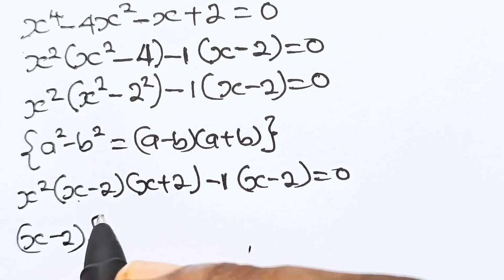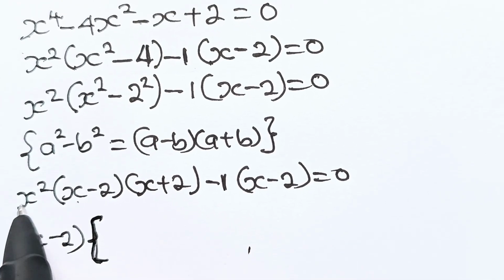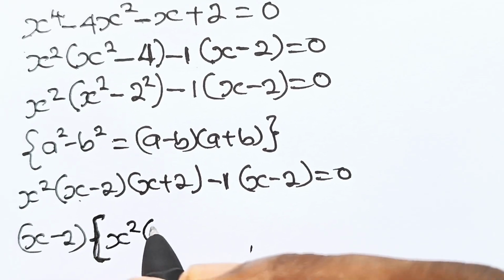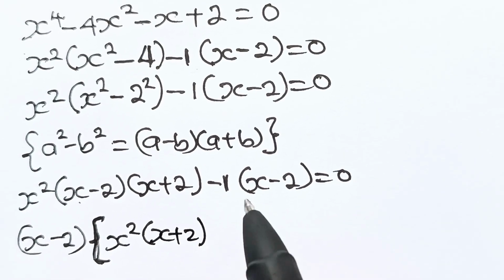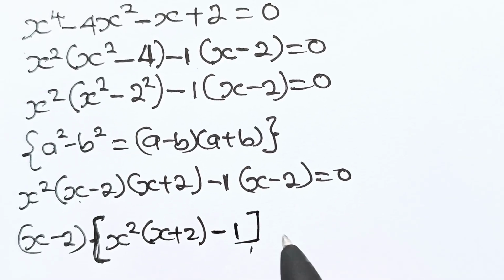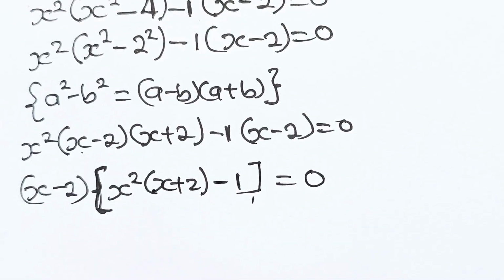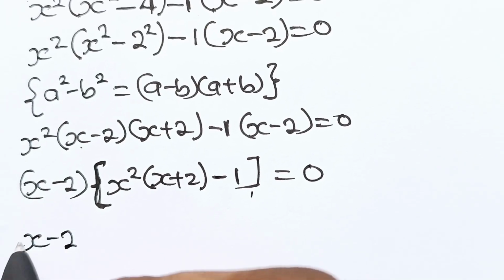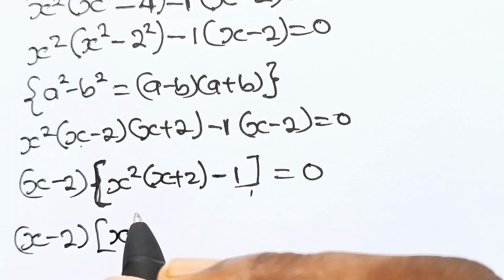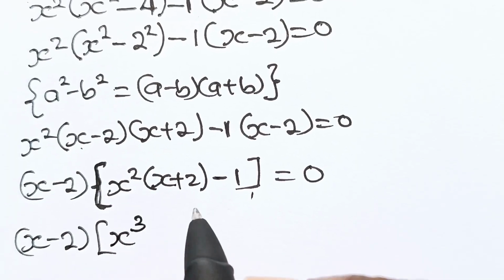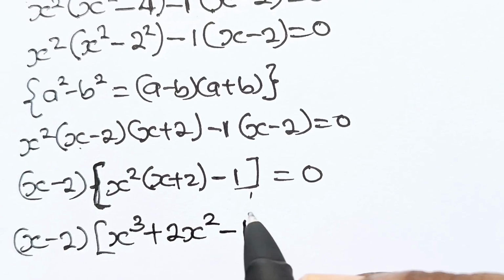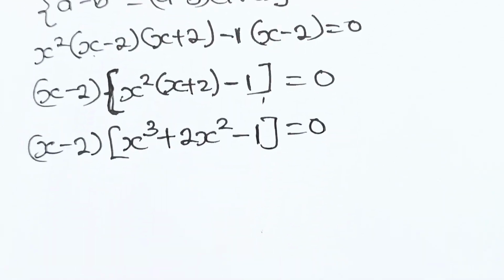Then open brackets. This divided by x minus 2 will be left with x squared bracket x plus 2. And this divided by x minus 2, we are left with minus 1 is equal to 0. So we have x minus 2 into x squared times x will give us x to the power of 3. x squared times plus 2 will give us plus 2x squared minus 1 is equal to 0.